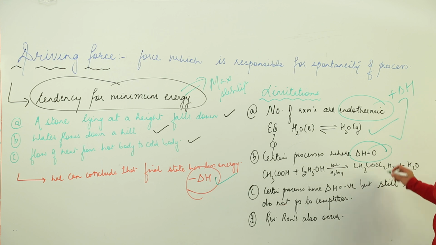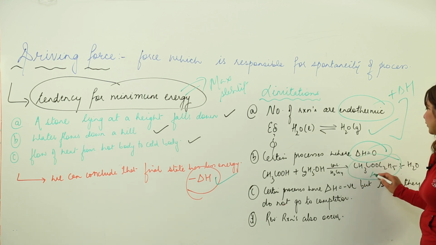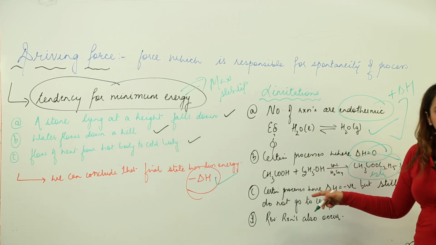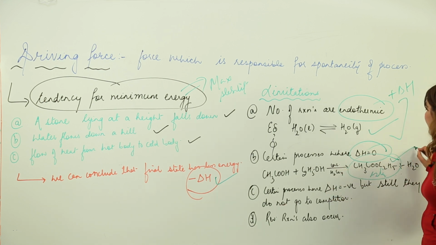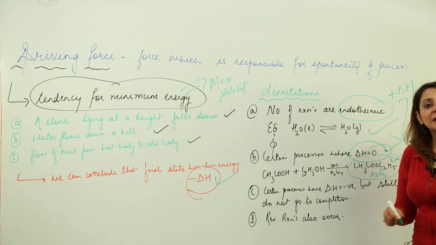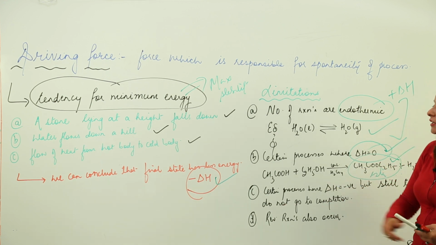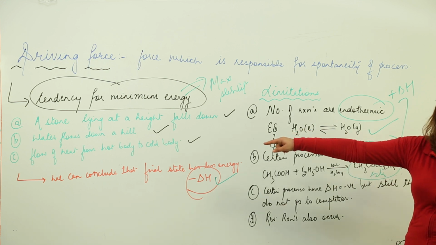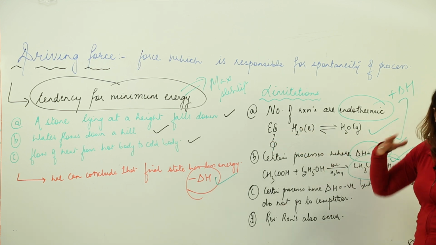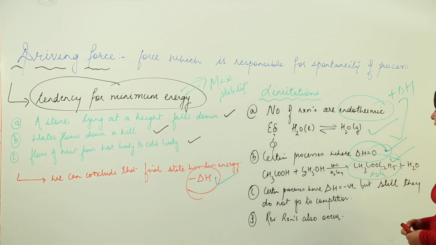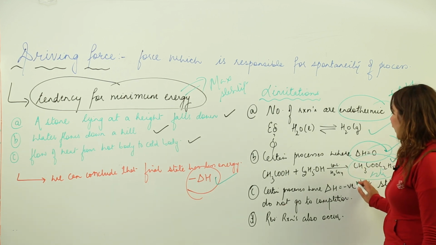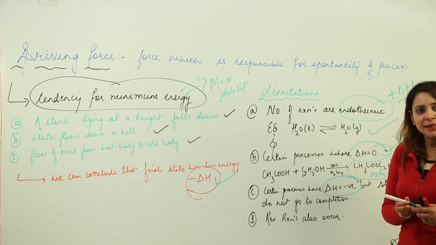For example, the preparation of ester, by adding carboxylic acid to alcohol in the presence of concentrated sulfuric acid. So we get ester. For this reaction delta H is 0, but the process is spontaneous. So here also this factor is not operating, but there is something else which is making this process spontaneous.